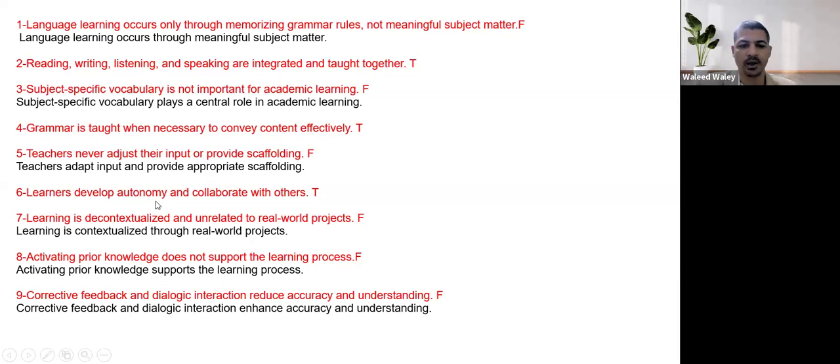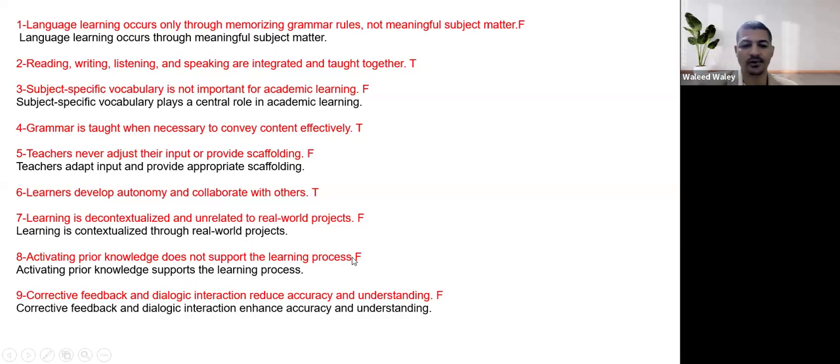Learners develop autonomy and collaborate with others. Yes, and here this one is not correct, because learning is contextualized. It means that the language itself should be in an appropriate context. Activating prior knowledge or activating schemata does not support the learning process.